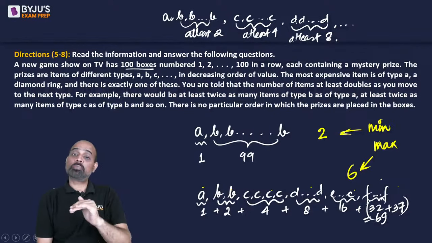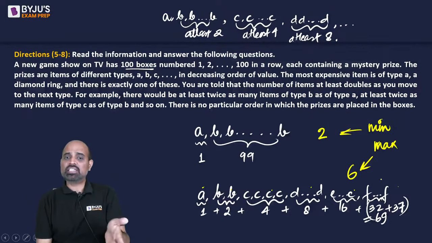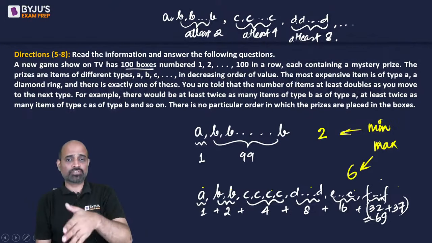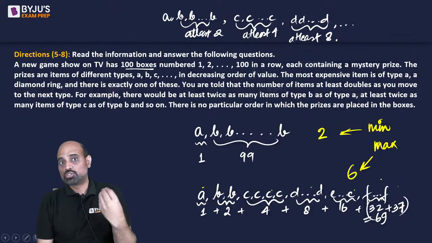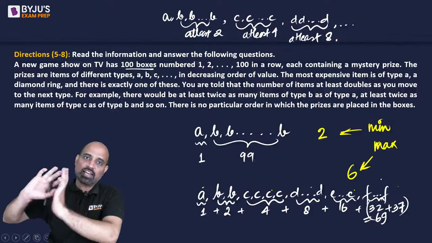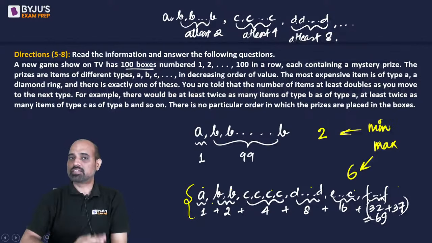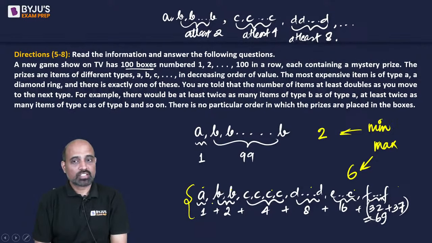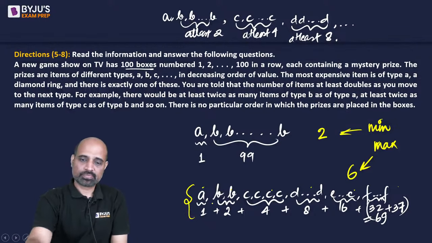But when we're talking about maximum 6 types of gifts, then you will have 1 A and then you can have 3 B's and 6 C's and 12 D's and 24 E's and the rest F. You can arrange it in that way also. It's not necessary that all of the last ones will be F only. So there are a lot of ways by which a maximum of 6 gifts in those 100 boxes can be arranged. But this is one of the possibilities. This means 6 is fixed, right?